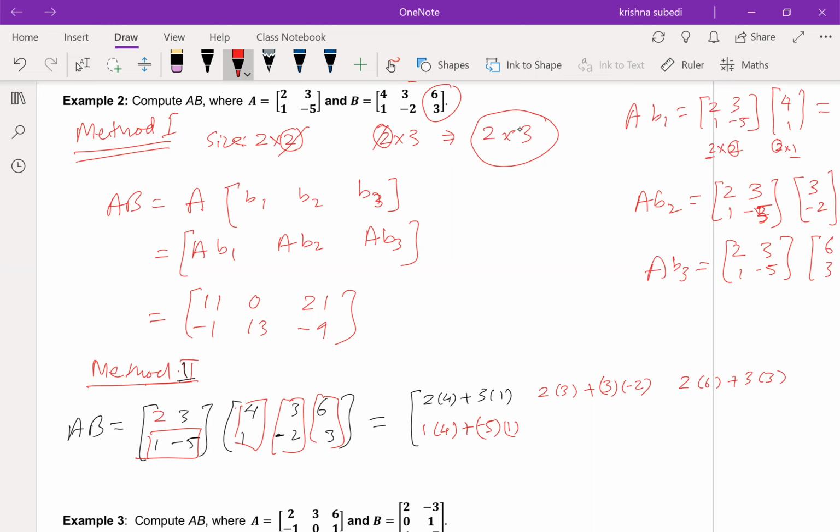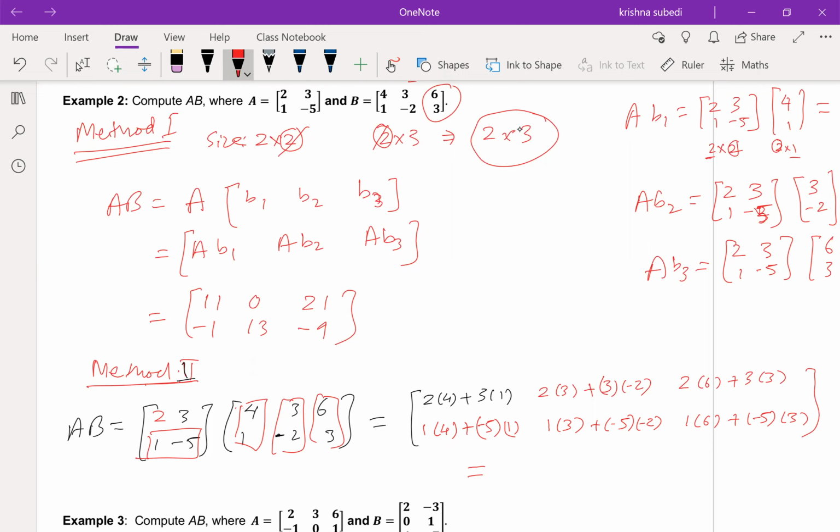Okay. Second row with first column. Now second row with second column. So that's going to give me 1 times 3 plus minus 5 times negative 2. Now this with the third column. So that's going to give me 1 times 6 plus minus 5 times 3.